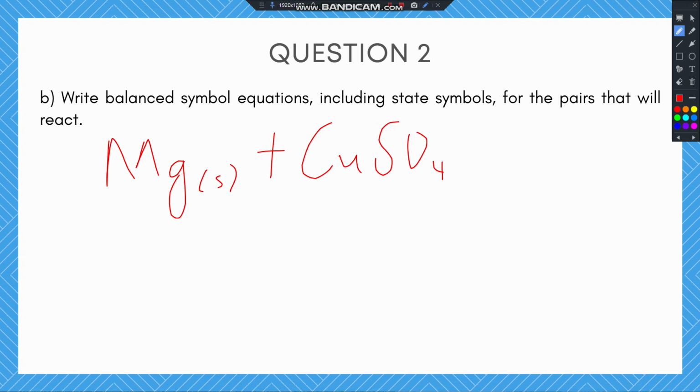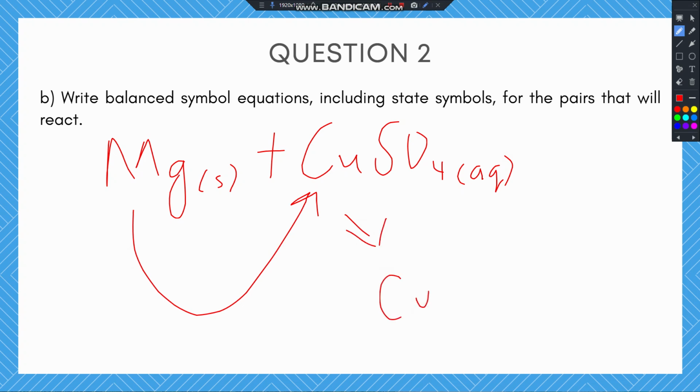That is the formula for copper 2 sulfate. This is in the aqueous solution. So what's going to happen over here? Magnesium is going to come over here and knock off copper, making copper stand alone. So we're going to have the product, which will be copper standing alone as a solid, plus magnesium sulfate, MgSO4.